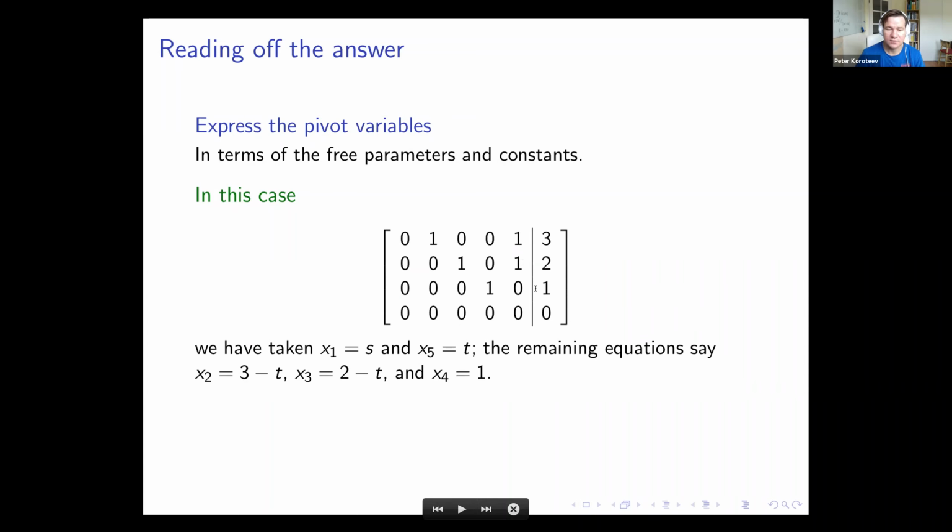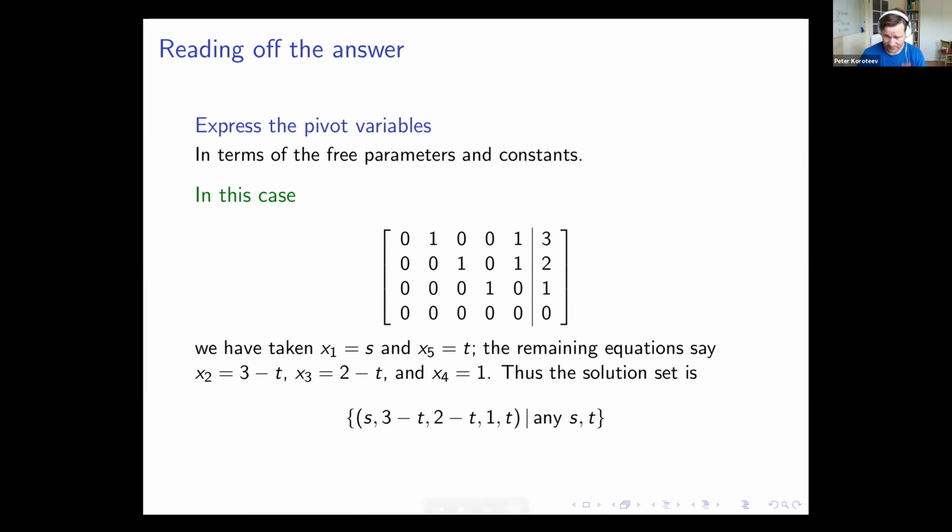So x4 is determined uniquely. And you can write this space of solutions as this tuple of variables S, 3 minus T, 2 minus T, 1, and T, for any values S and T. They can be complex, they can be real, depending on which set of numbers you are working on.